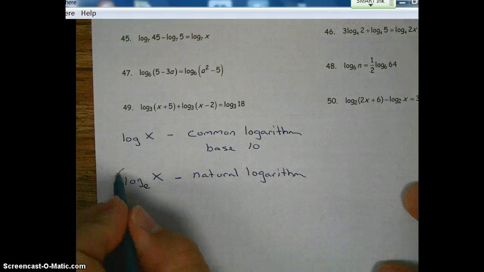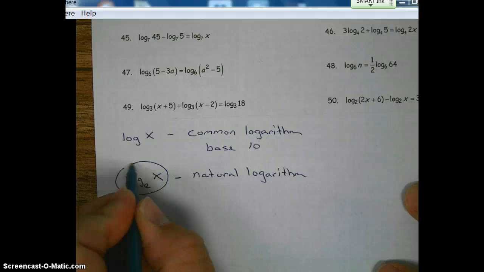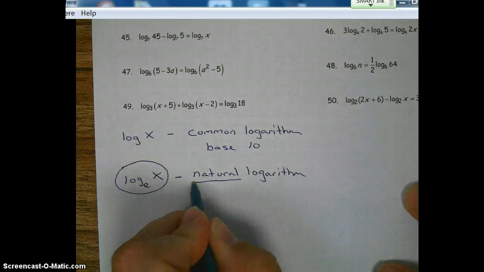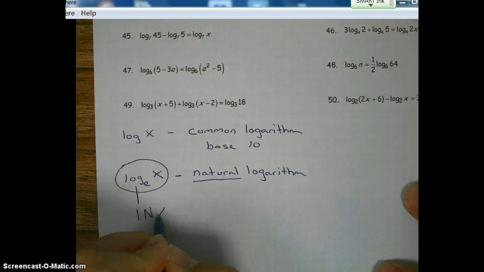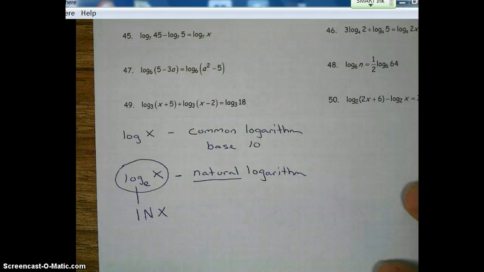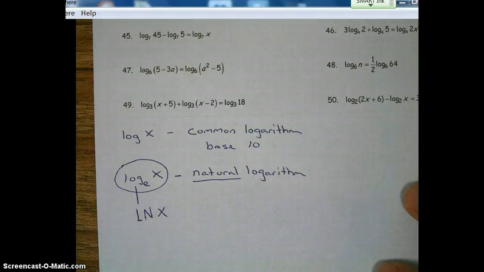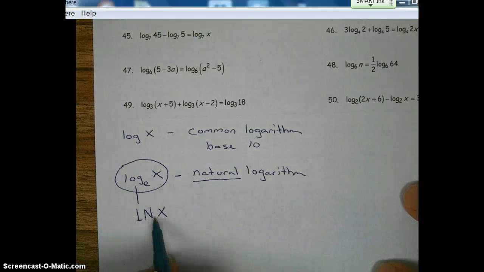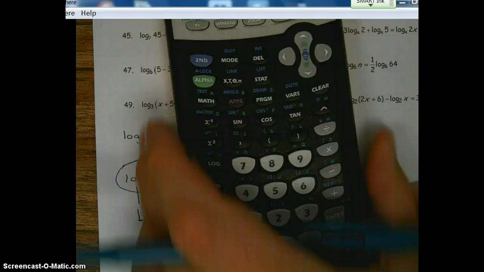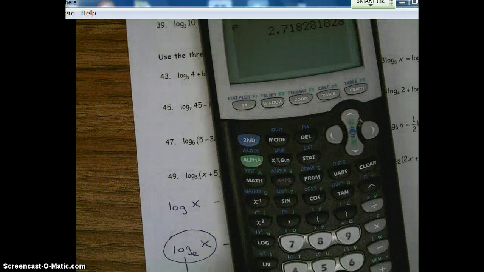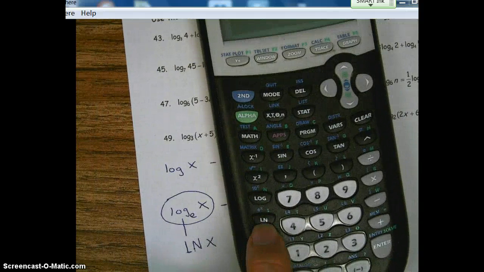So rather than writing this for a natural log, we're going to use ln. ln of x, the natural log of x. And that button is found right here on your calculator.